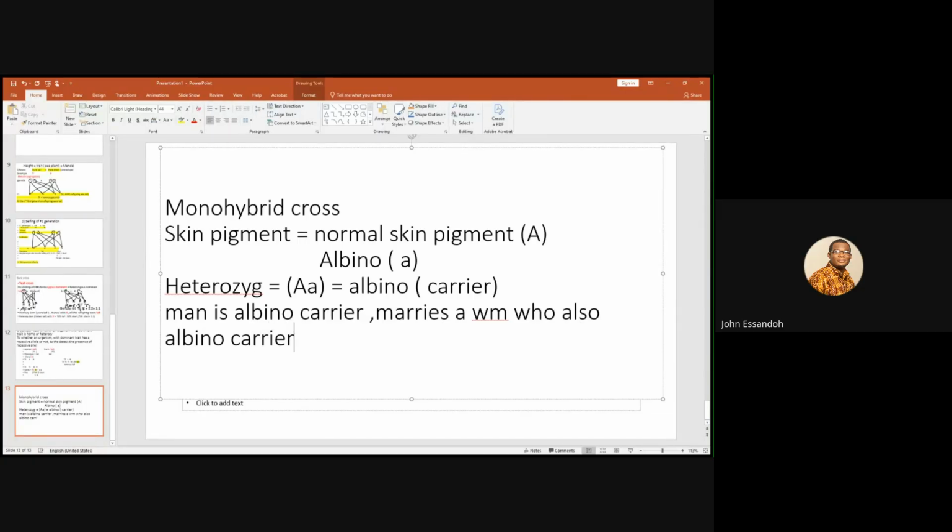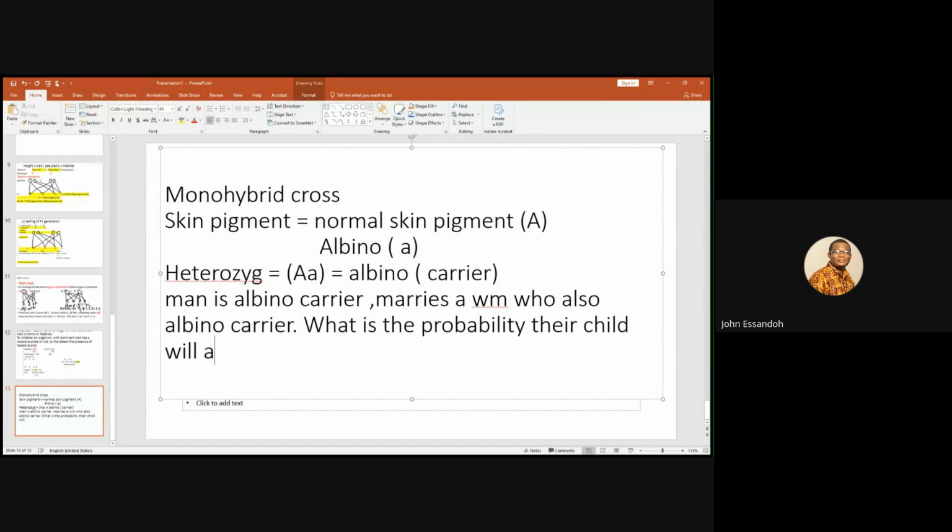Carrier means heterozygous. Then the first question: what is the probability that their child will be A, albino, B, carrier, C, normal?